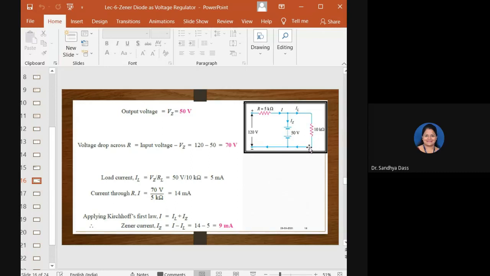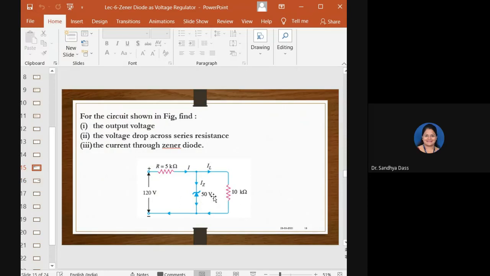From the circuit, the Zener voltage is 50 volts, so the same 50 volts will appear at the output terminals. So the output voltage is 50 volts itself. Are you with me? All these points have already been explained until now.